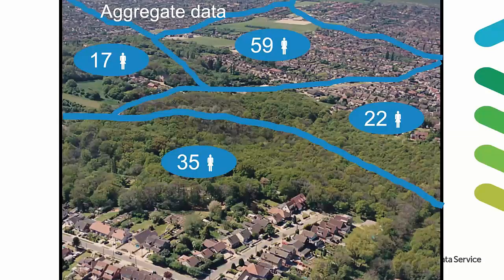So this is what aggregate data looks like. You carve the country up into different areas, then count the number of people who have certain characteristics. So, for instance, this example might represent the number of females aged 30 to 34 who live in private rented accommodation in what looks like something like a lower level super output area.